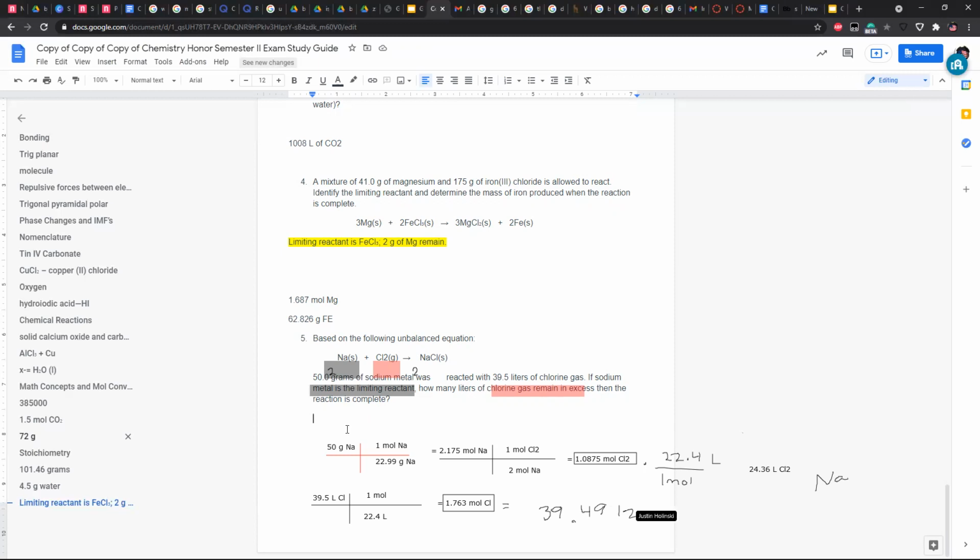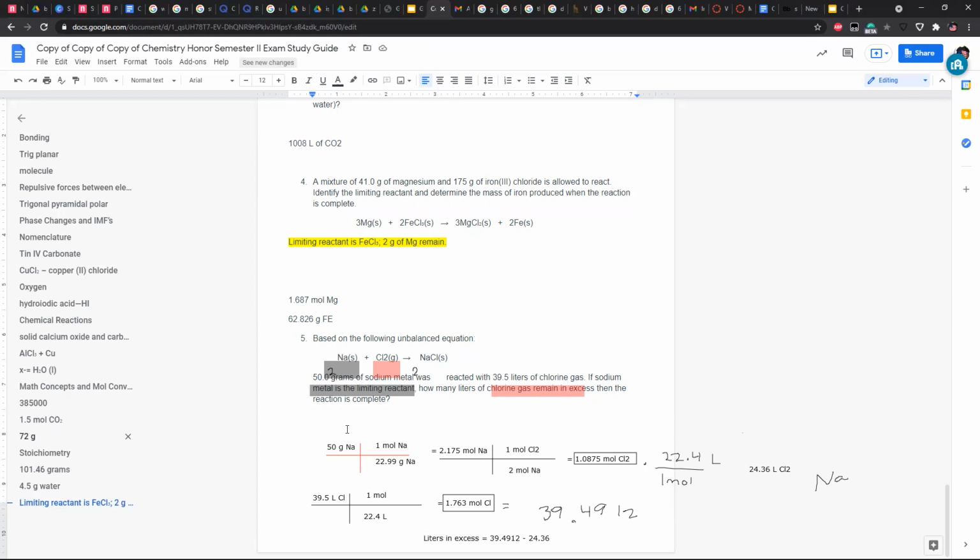Almost there. This is turning out to be a big doozy of a problem. So the number of liters in excess is going to be equal to the number of liters of our excess reactant, 39.4912, minus the number of liters in our limiting reactant. So we're going to subtract 24.36.